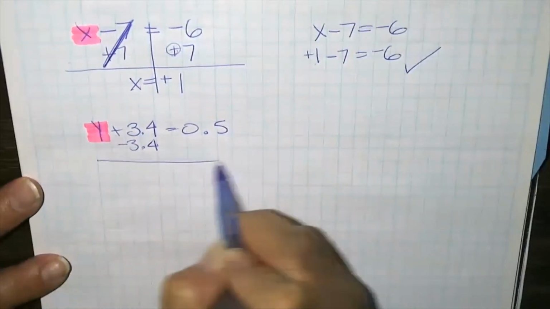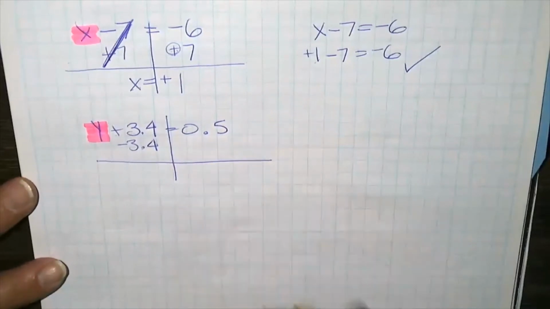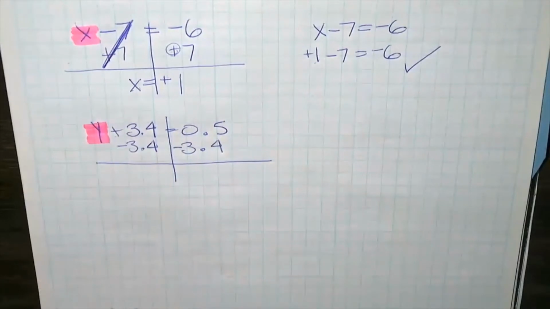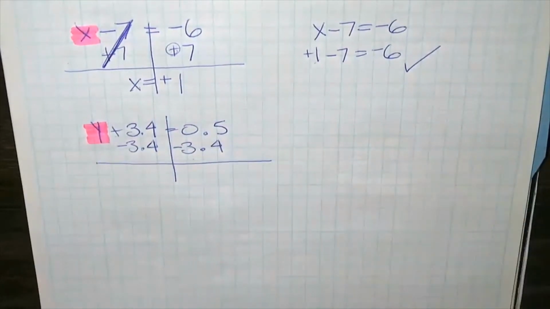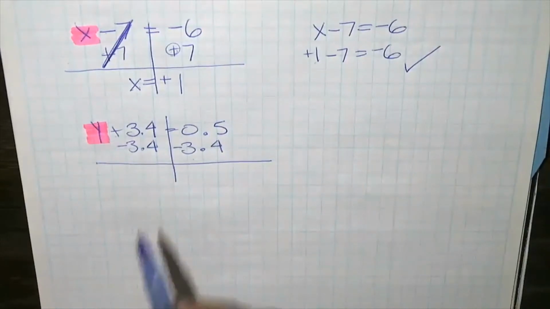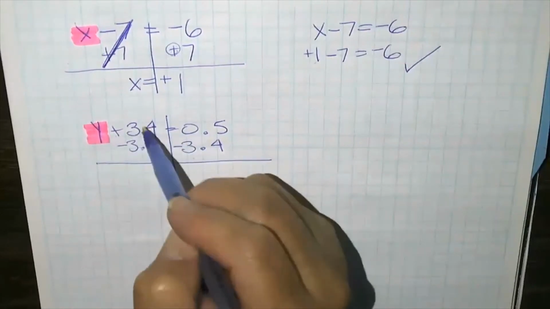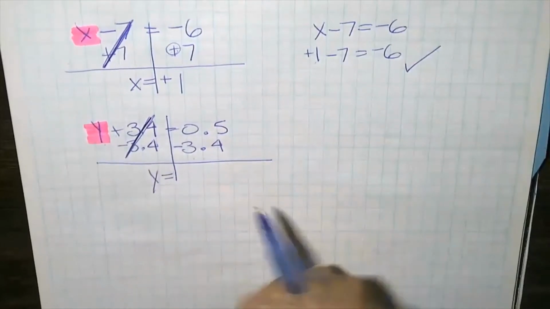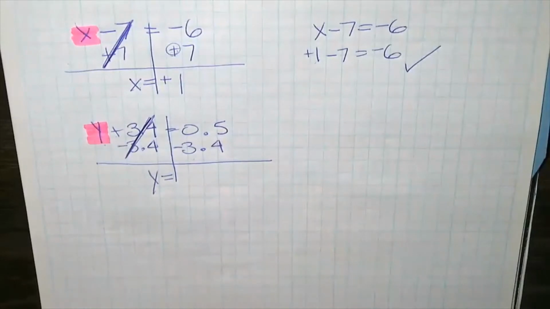What I do to one side, I must do to the other. And remember, when we're adding and subtracting decimals, we line up our place values. So +3 4/10 and -3 4/10 cancel each other. I'm left with y equals, now I have a positive and a negative here, so that means I'm going to subtract.